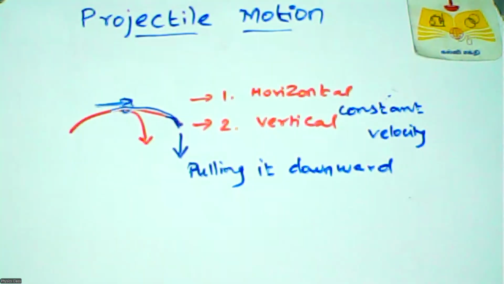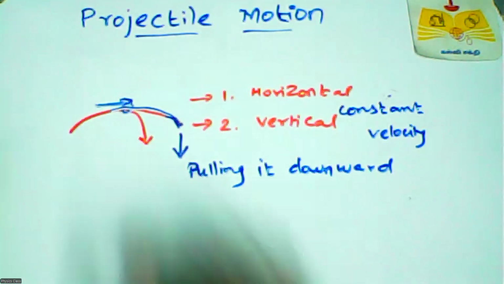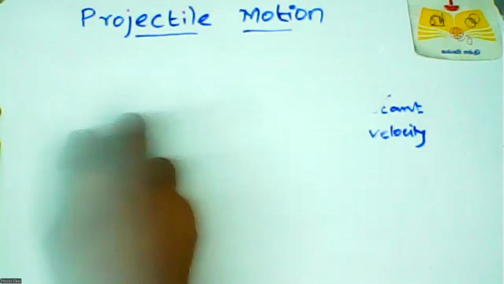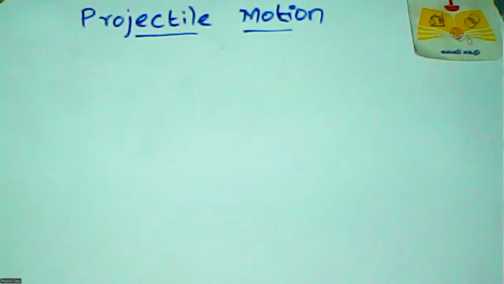So for a projectile launched with some initial speed, in your book the initial speed is denoted as V naught.